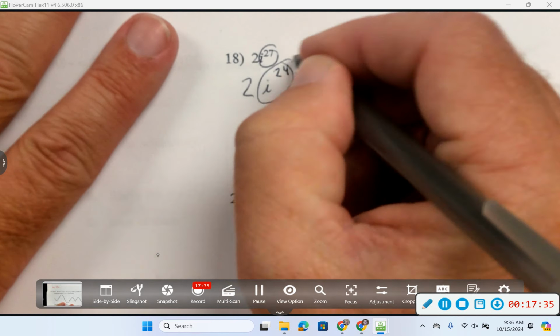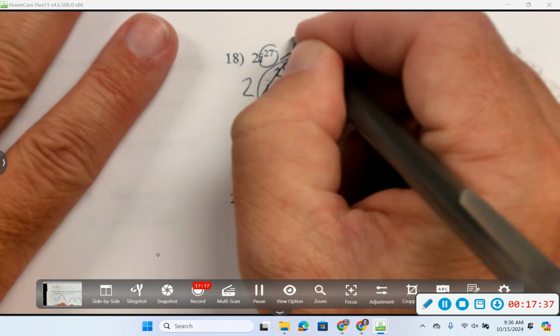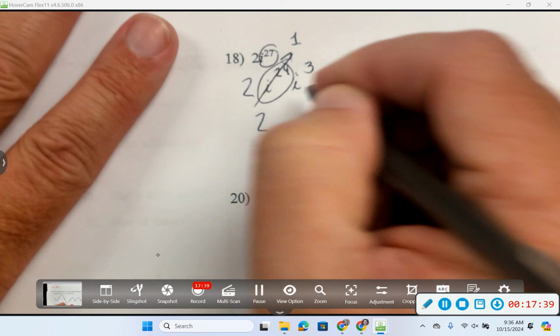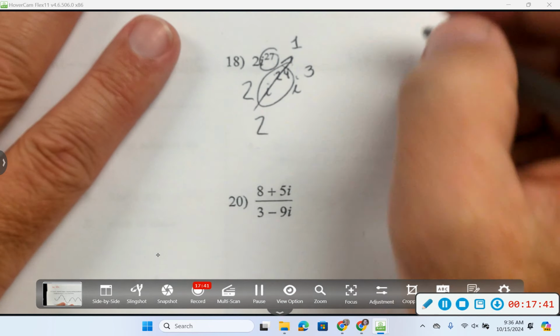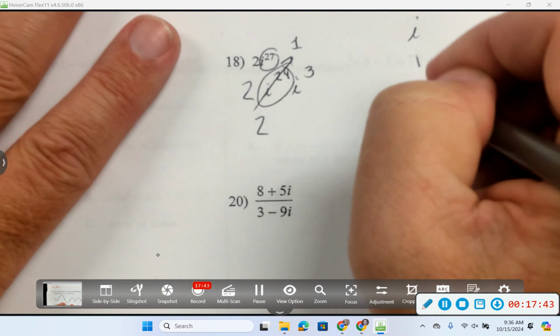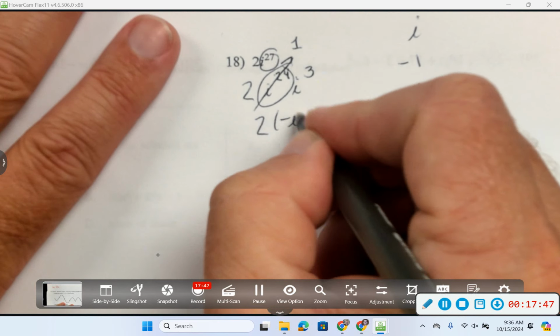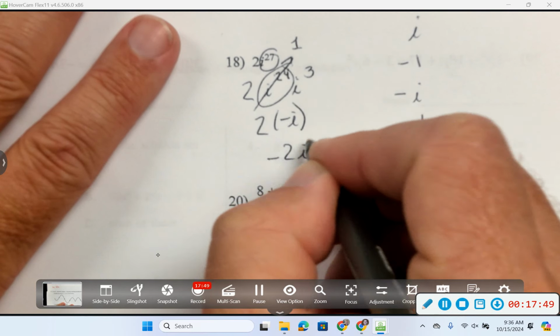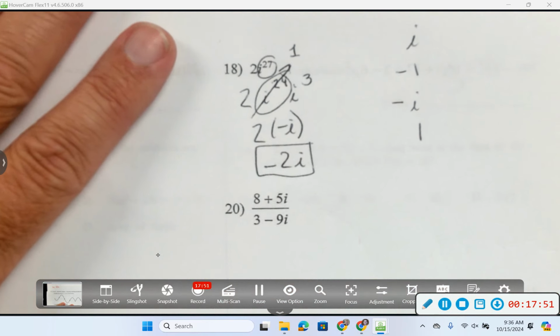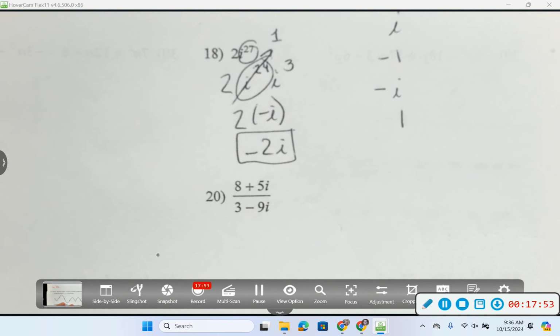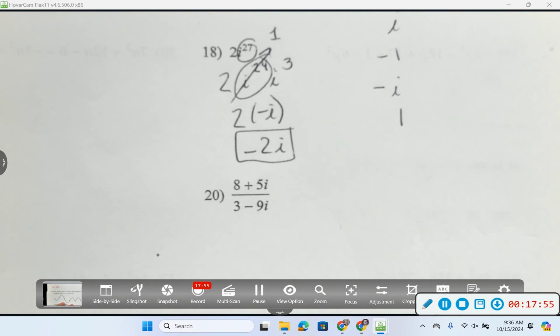So i to the 24th is 1. That's why we picked that one. i cubed. Let's see. It's i, 1, but the 2 middle ones are negative. So yes, that would be negative i. So negative 2i. So the pattern thing combined with the multiple of 4.